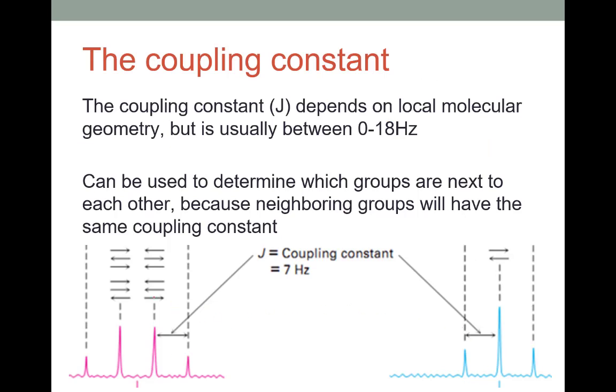So essentially, if the pink hydrogens are actually next to and causing the splitting of the blue hydrogens and vice versa, the coupling constant will be the same. If these pink hydrogens were somewhere else in the molecule and they were being split by something other than the blue ones, this coupling constant would be different to this one. And so if we're given information about the coupling constant, we can try to assemble the molecule to figure out which ones are next to which other ones.